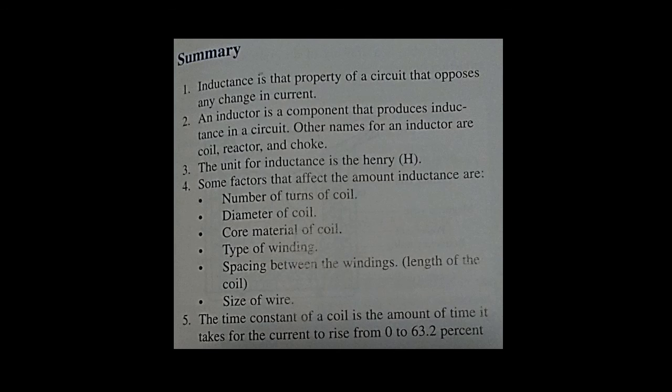Inductors in parallel are computed using 1 over LT equals 1 over L1 plus 1 over L2 plus 1 over L3 and so on. A shortcut when only two inductors are in parallel is the formula LT equals L1 times L2 divided by L1 plus L2.